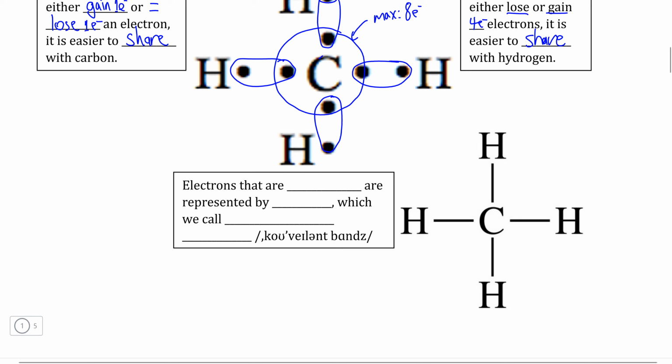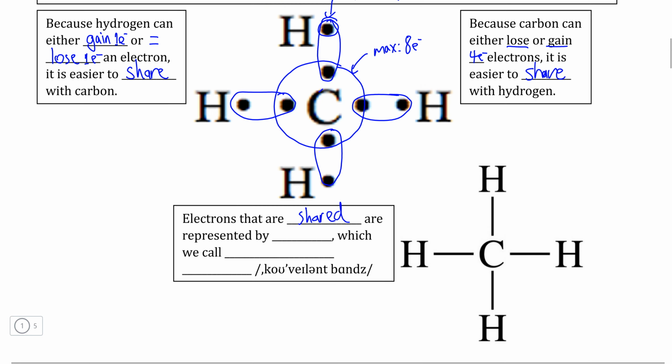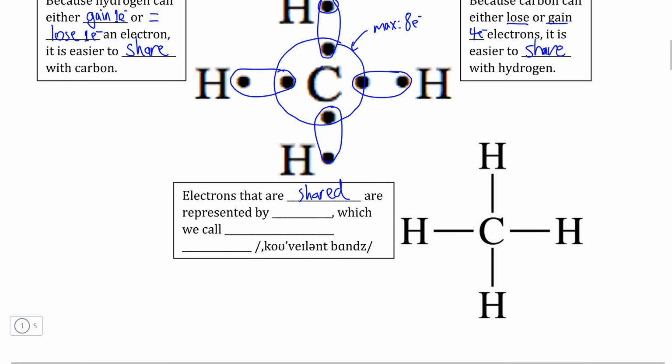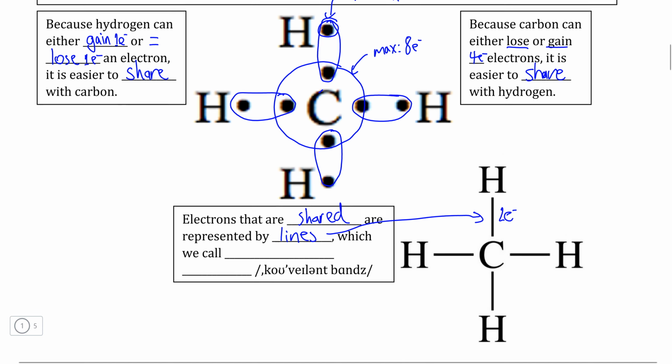Here we can see the Lewis structure of a compound formed between hydrogen and carbon. Electrons that are shared in this type of Lewis structure, we don't write as 2 dots. Instead, we represent them as lines like this. This line represents 2 electrons, one from hydrogen and one from carbon.